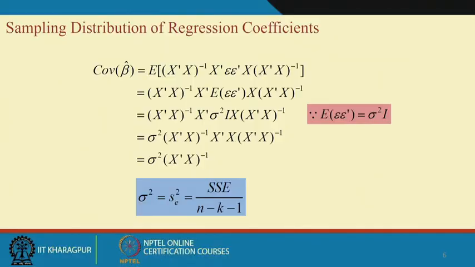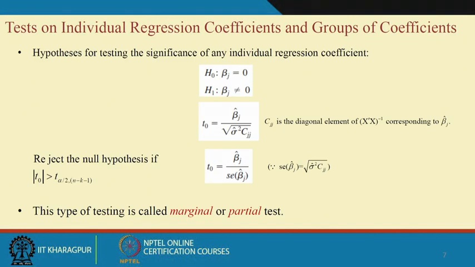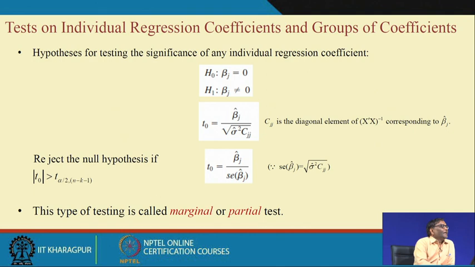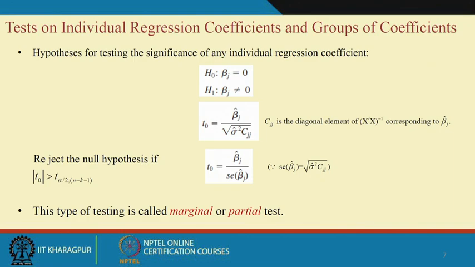Now, let us see from the sampling distribution to the test of individual regression coefficients. Here the concept is individual regression coefficients and groups of coefficients. First we will discuss individual regression coefficients. How many coefficients do we have?